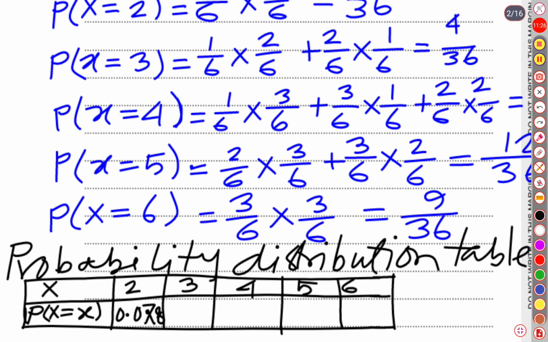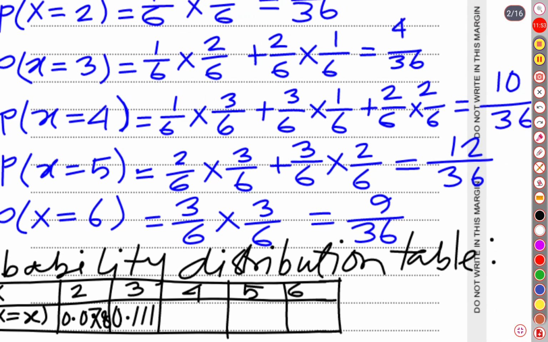Then if the total score is 3, the probability was 4 over 36. If we divide 4 over 36, it is going to be 0.111. Then the total score is 4, and the probability was 10 over 36.